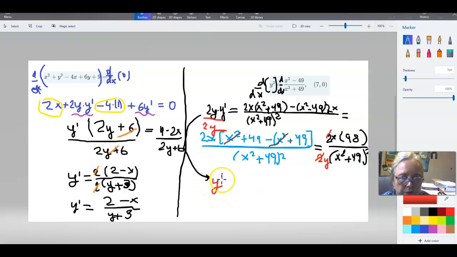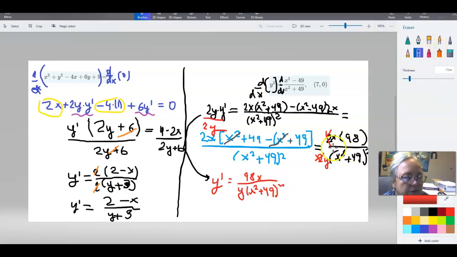And your y prime on the left hand side will be equal to, after we cancel this 2 and this 2, 98x in the numerator, and in the denominator you have y times x squared plus 49, squared. Remember, we had a square here. Let me write that square better. So squared, and we have it here.